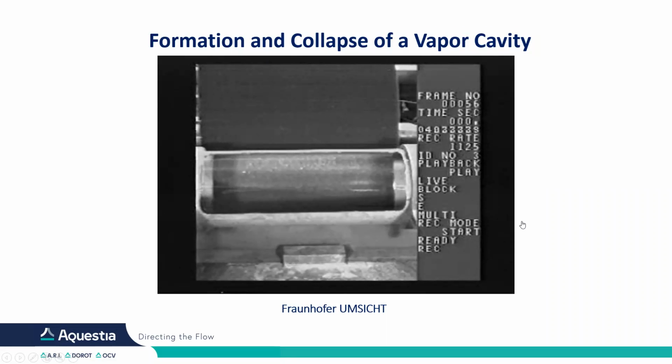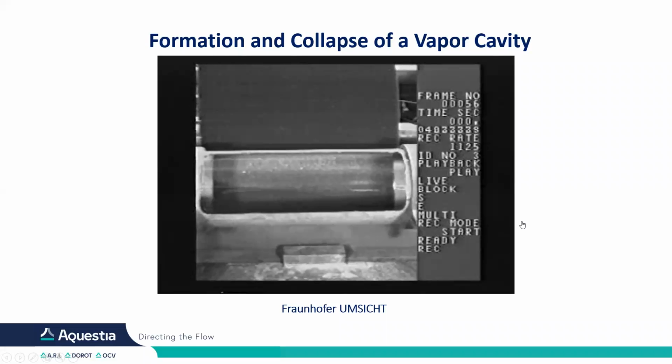So if the temperature of the water is 20 degrees, the vapor pressure is around 0.2 bars absolute. It means that when the pressure goes below this vapor pressure, the water boils. The water transforms from liquid to vapor.